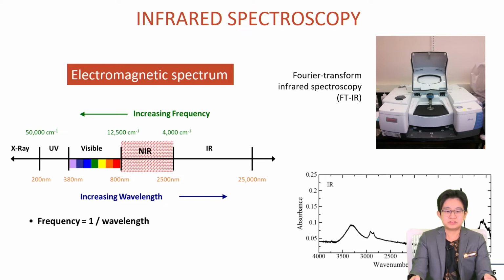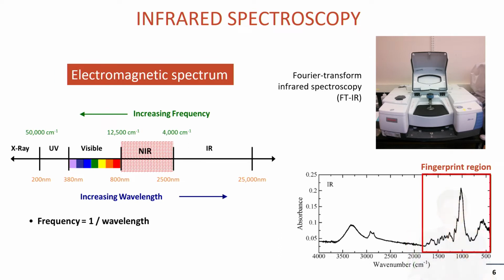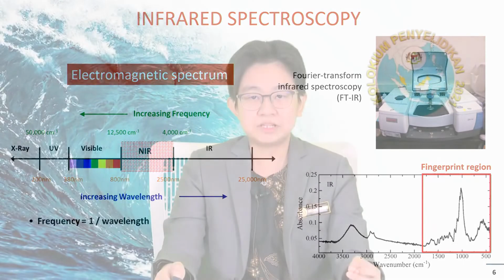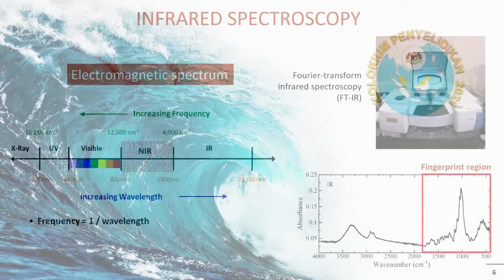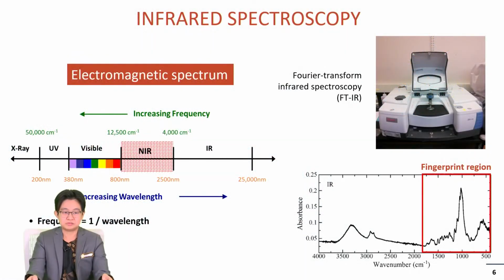This will produce a spectrum that has a unique region called the fingerprint region that can be used to identify unknown chemicals or to verify whether certain chemicals are present inside the samples. This method has been used to characterize many wood chemical compounds, such as wood extractives, that contribute to wood natural durability.